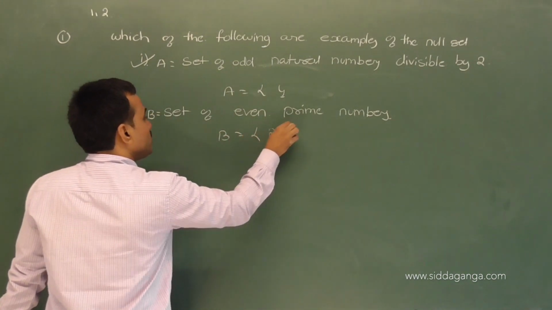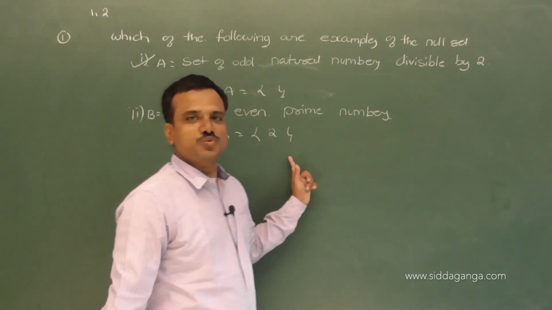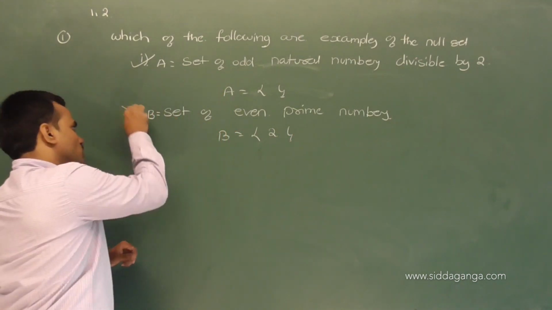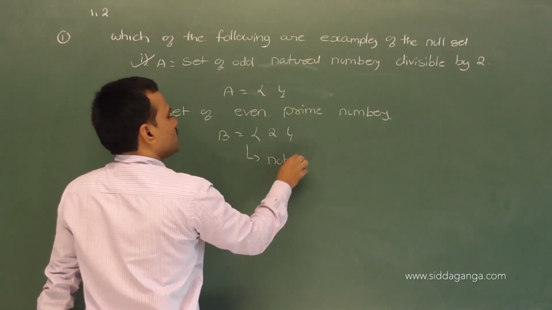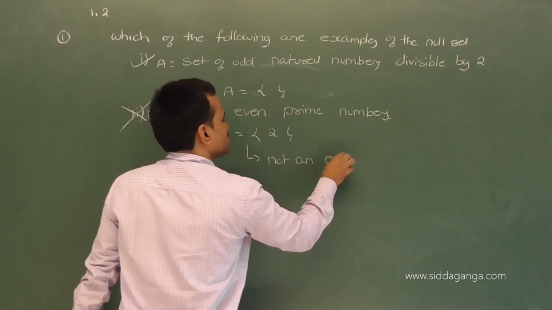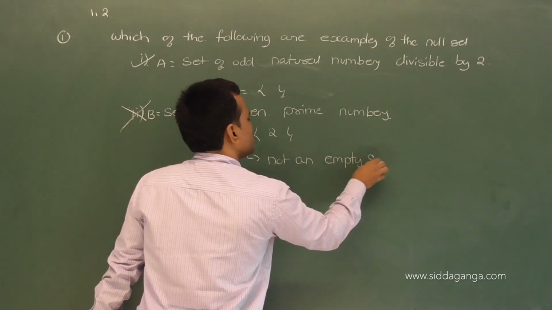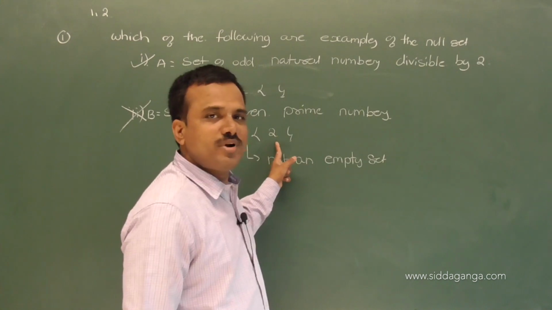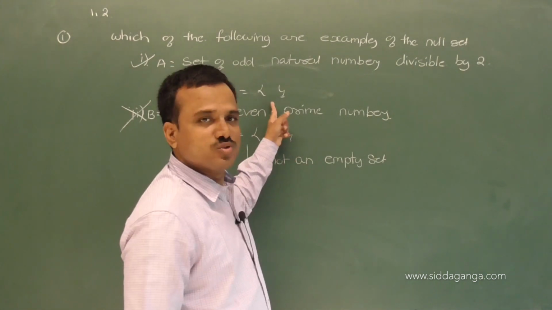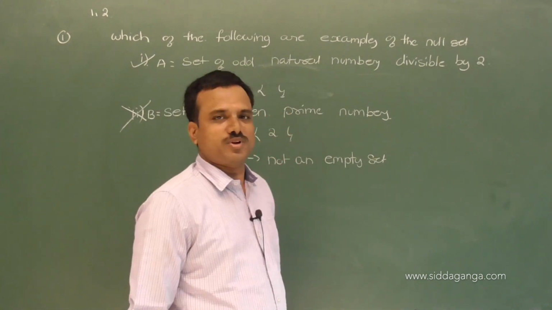There is one element, which is 2. That's why it is not an empty set. Correct? Not an empty set, because one element is present. Empty set means no element is present, but here one element is present.